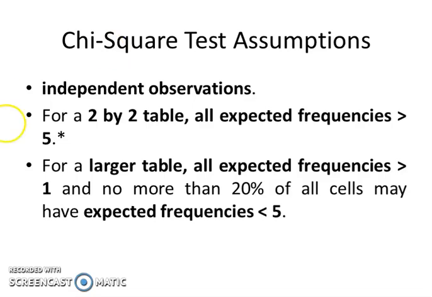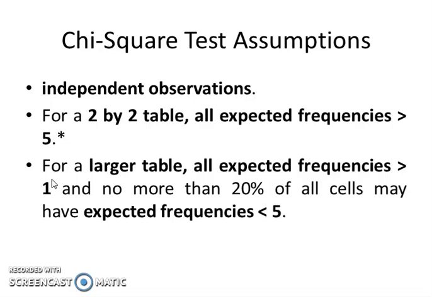Okay, and the second condition is when we are dealing with a larger table, that means a situation larger than 2 by 2, where variables have categories in excess of 2. For example, suppose we want to study gender and smoking habit. We want to study smoking habits of individuals and their gender.